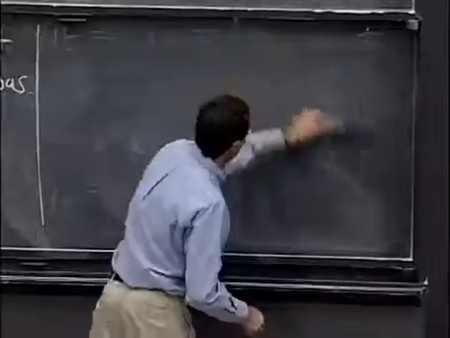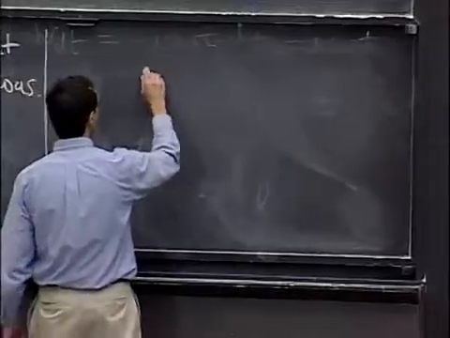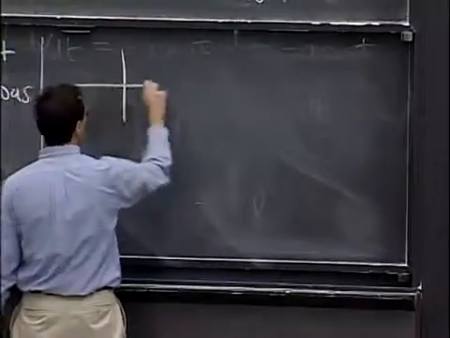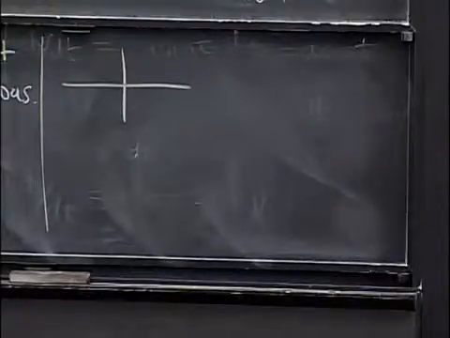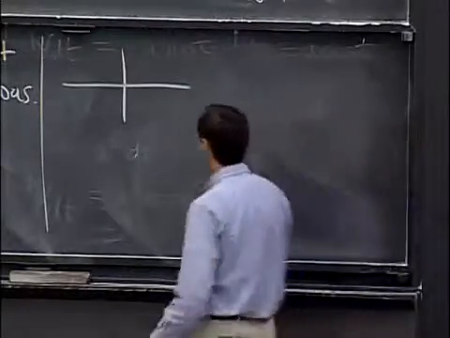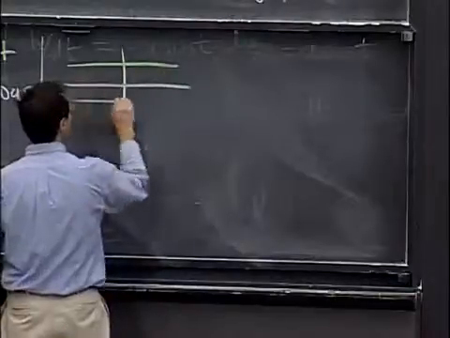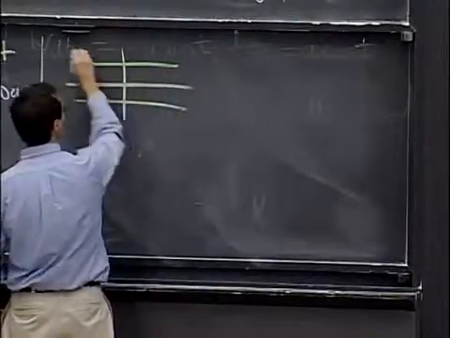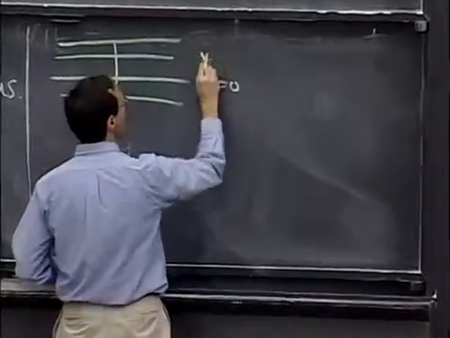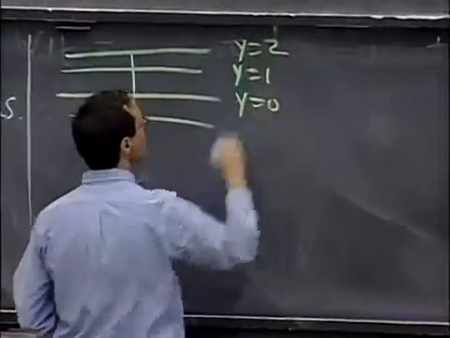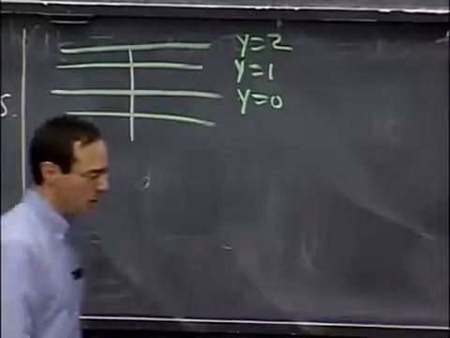But first, maybe I should draw the two coordinate systems. The coordinate system that we're used to is the rectangular coordinate system. And maybe I'll draw it in orange and green here. So these are the coordinate lines: y equals 0, y equals 1, y equals 2. That's how the coordinate system works.